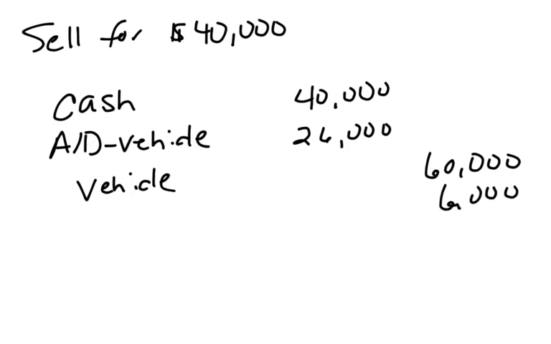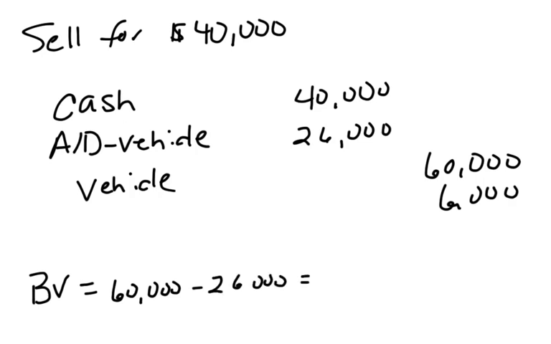Okay? But let's put some sense behind it. I sold this vehicle for $40,000. What was my book value? Well, we had $60,000 in cost and we had accumulated depreciation of $26,000. So my book value equaled $34,000. On paper, it looks like I have a value of $34 and I sell it for $40.